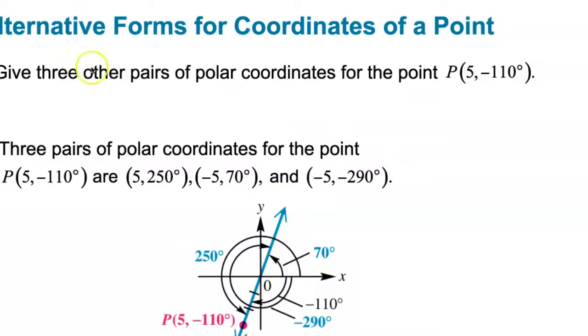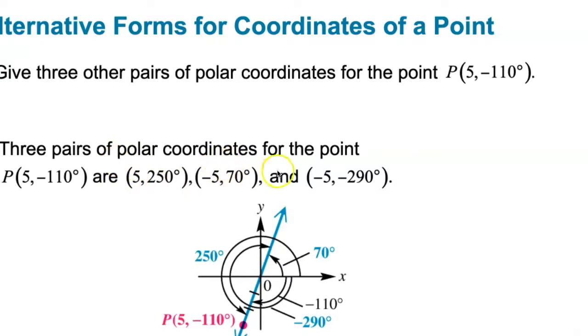Now, I already mentioned this before, but each of these points has alternative forms. So, for instance, the point 5, negative 110 degrees. If you add or subtract multiples of 360 from negative 110, then you end up with coterminal angles. So any of the coterminal angles are valid with a positive radius of 5.